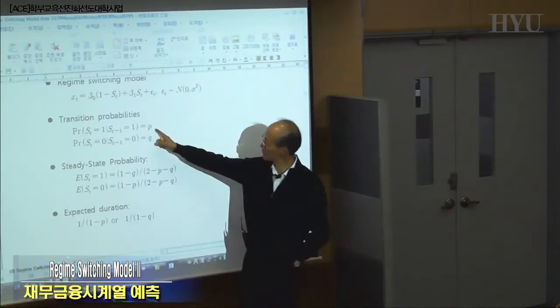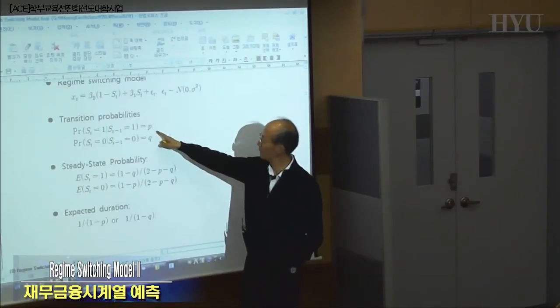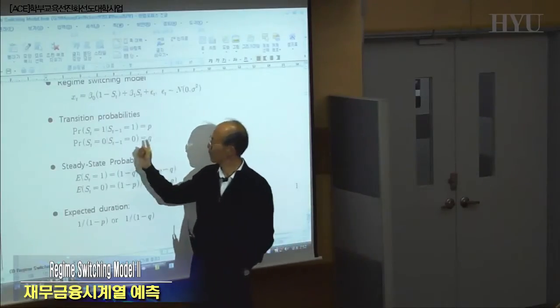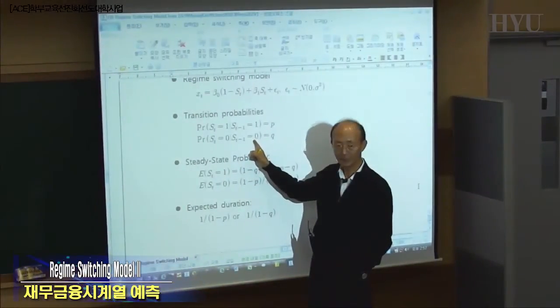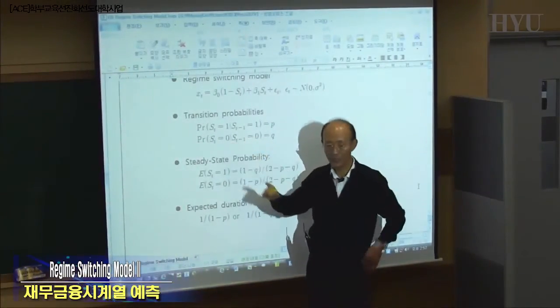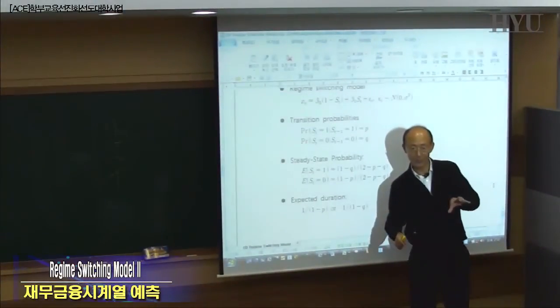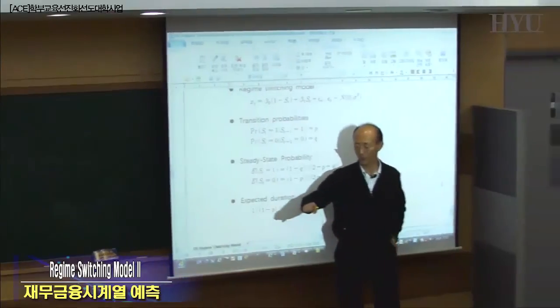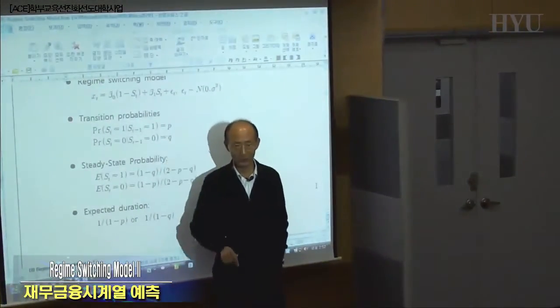But by having some positive numbers, what that means is once you enter some particular state, there is a tendency to stay in that state for some extended time. So it's not going like state 0 to state 1 to 0. It's not bouncing.